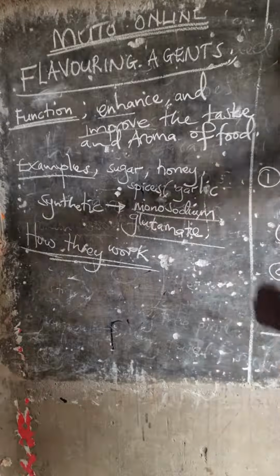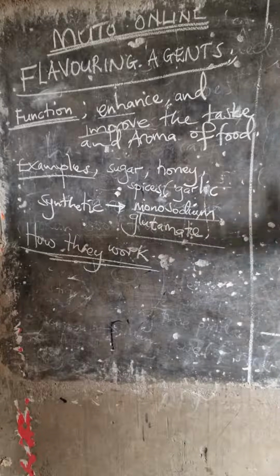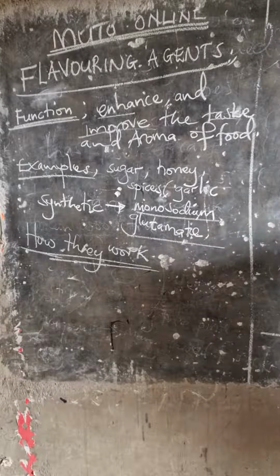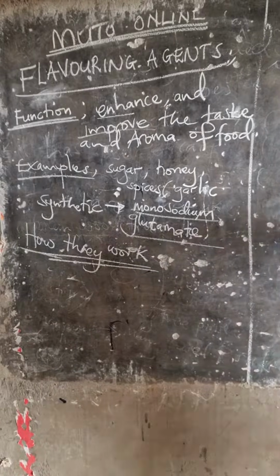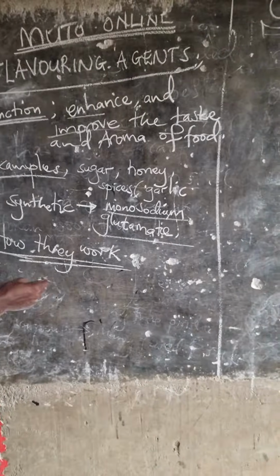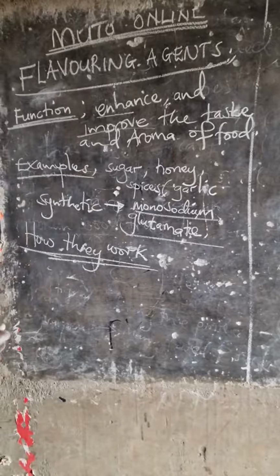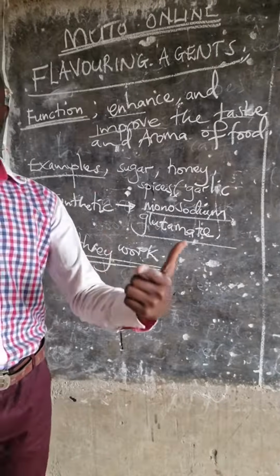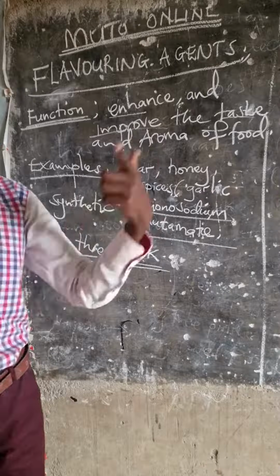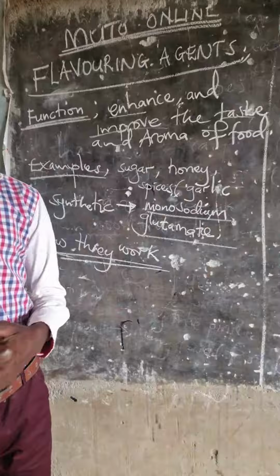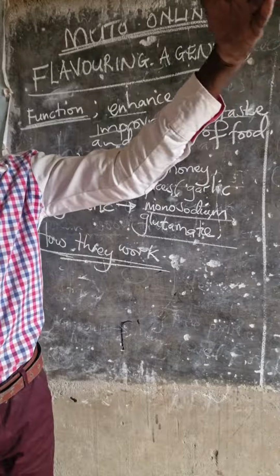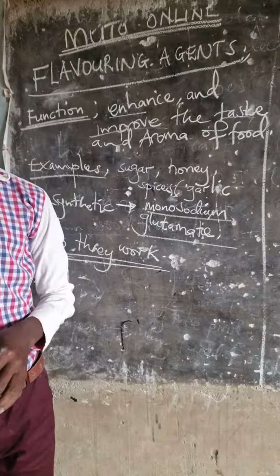The flavoring agents work by binding to those food molecules with unpleasant taste and aroma to enhance or give an overall taste they carry to that food substance.